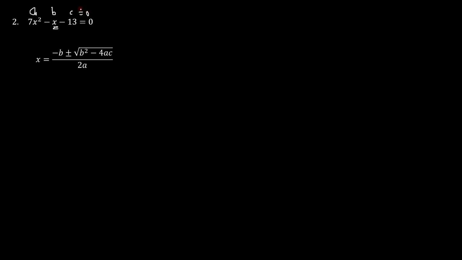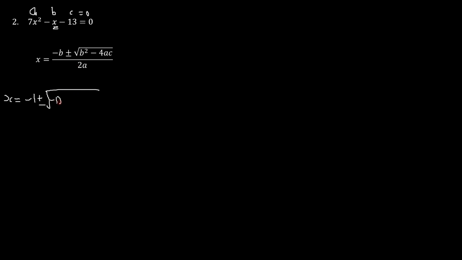So we can find it now. So we say x is equal to, 7x squared is a, so we're not looking for a here, we're rather looking for b. When b is minus x here, what we're gonna do is simple. We say 1 times x is the same thing as x, so we're not gonna write 1 again. So we can even say minus 1, plus or minus, b squared will be minus 1 squared.